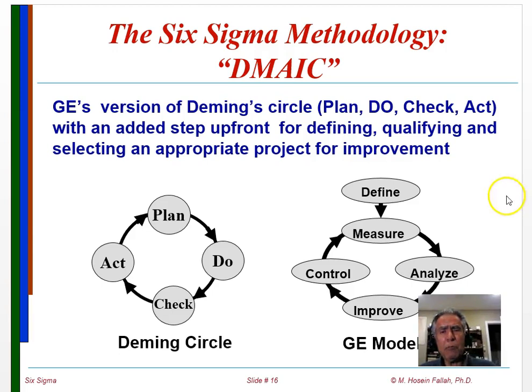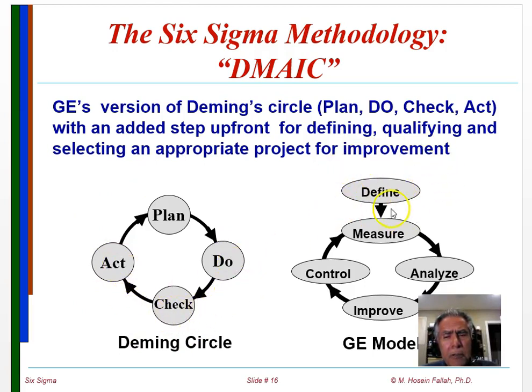Now, what is the Six Sigma methodology? As General Electric adopted Six Sigma as part of its program, they also standardized the methodology for using Six Sigma on projects. That's what we call DMAIC. That's a variation of what was known as the Deming cycle of Plan, Do, Check, Act.